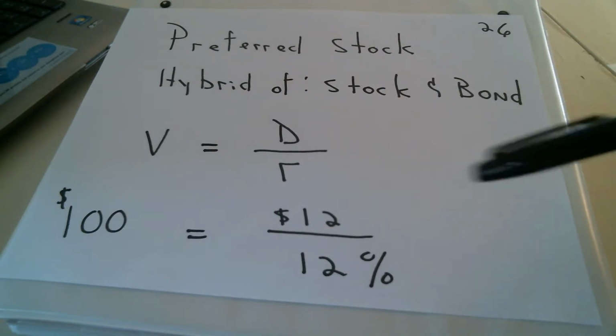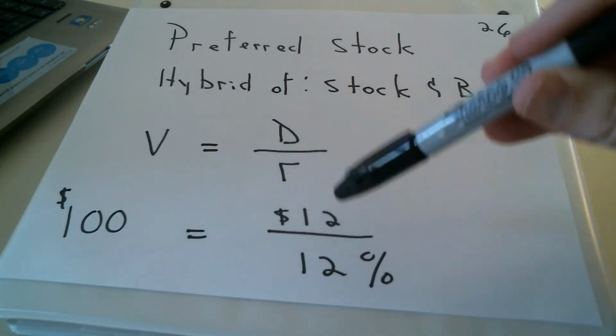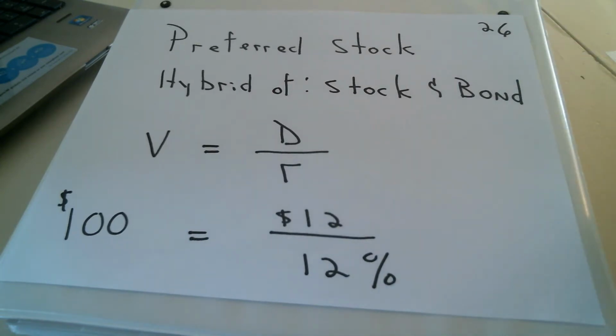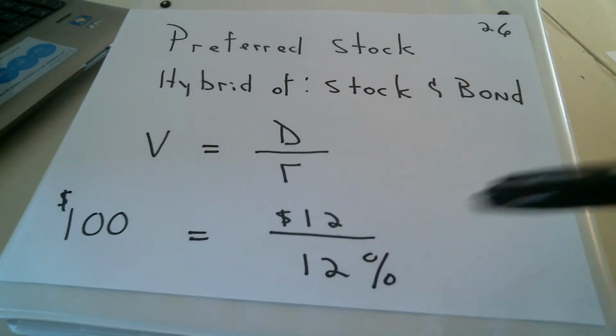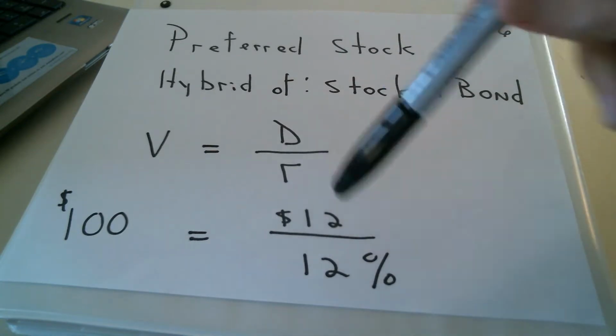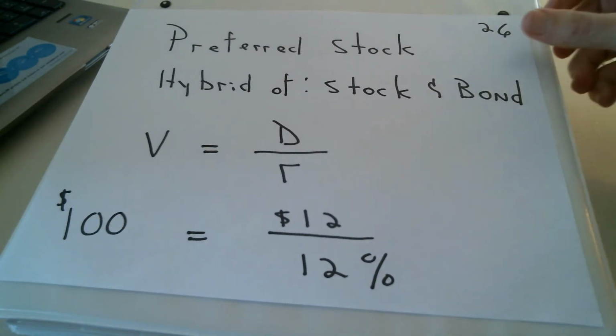So those are the numbers that we're looking at. That's the face value. Dividend at $12 is what you're getting each year, with an expected return of 12%. So $12 over 12% gives us a value of $100.